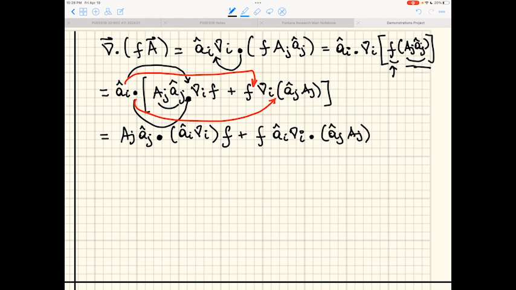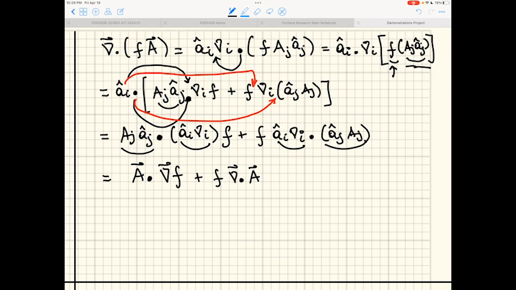So what we have here is the sum from j equals 1 to 3 equal to A dot nabla applied to F, which is the gradient of F, plus F vector nabla dot vector A.